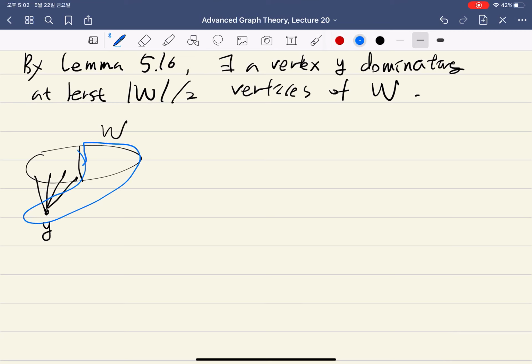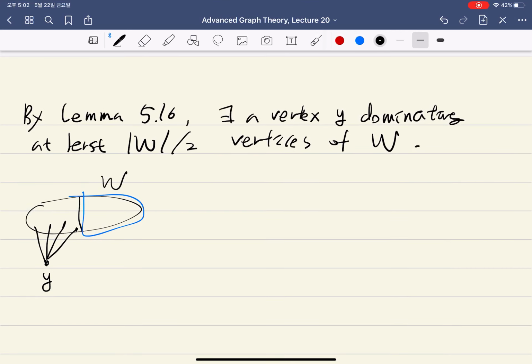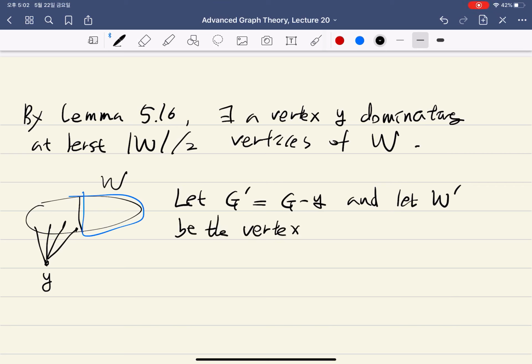Now you consider the remaining half of W. So let G prime be G minus Y, and let W prime be the vertices not dominated by Y.